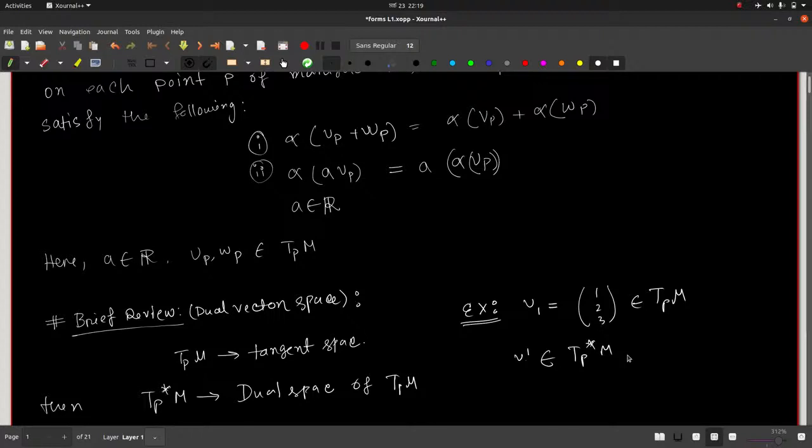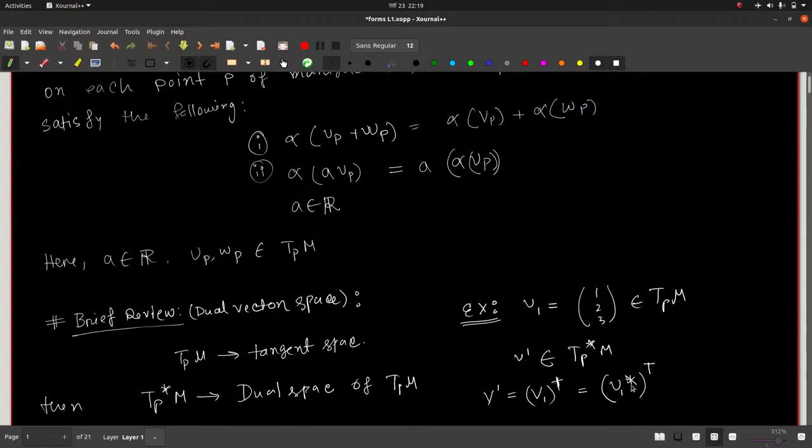Since we are only dealing with real numbers, we won't have to go into the complications of complex conjugates, but in general v superscript 1 will be written as the transposition and then complex conjugation of v1 itself, and this is denoted with a dagger. This dagger sign means that all the elements of v1 will first get complex conjugated and then you have to make a transpose of it.